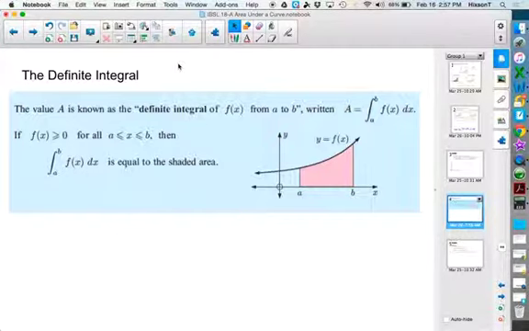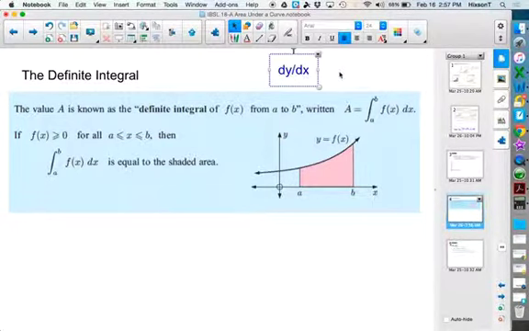So that dx is the same thing as when we wrote dy dx. We were simply identifying what variable we're taking the derivative with respect to. So instead of dy dx, it's f of x dx.